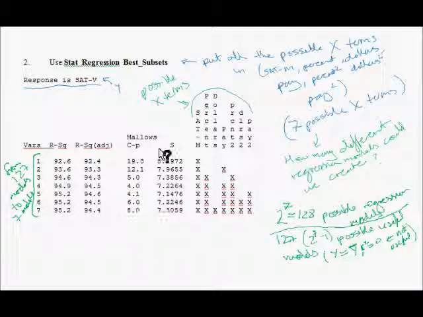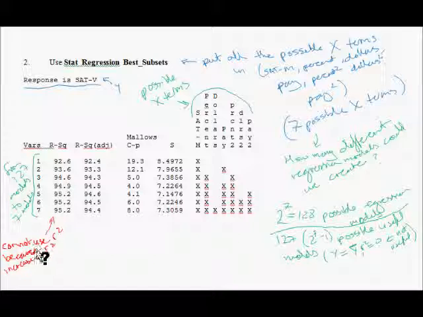Now, how do we use this to try and find what is possibly the best model here? Well, first thing is we can't use r squared itself, because r squared increases as you add more x terms.